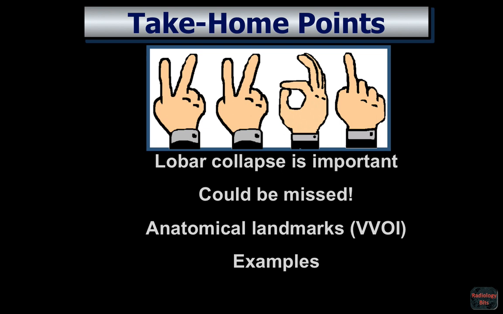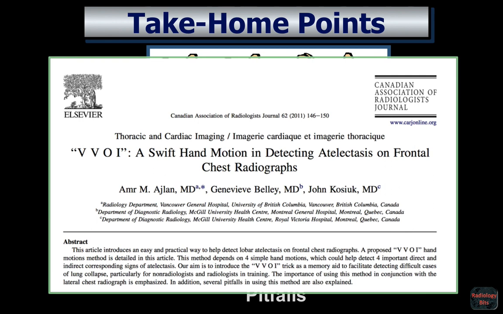And one thing I need you to remember is that there are pitfalls, so don't use this hand motion trick on its own. You have to look for other things such as assessing for the technique, if the patient is rotated, the degree of inspiration or expiration, and comparison with other films, in addition to correlating whatever you see with the clinical information. If you want to read about this, you could check our article in the Canadian Association of Radiologists journal.